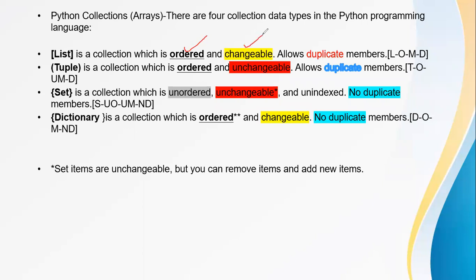After taking the list, I can easily remove or add some values, right? Some marks may be repeated. It allows that. So a list is ordered, changeable, mutable, and allows duplicates.